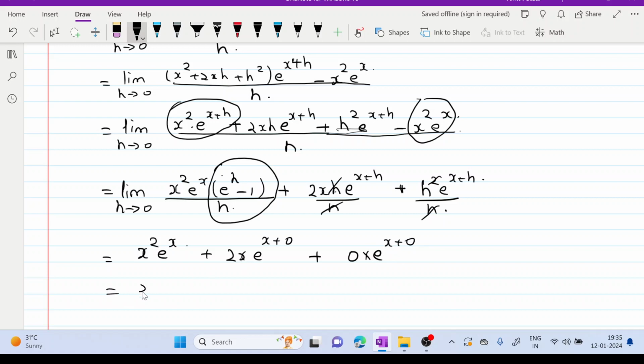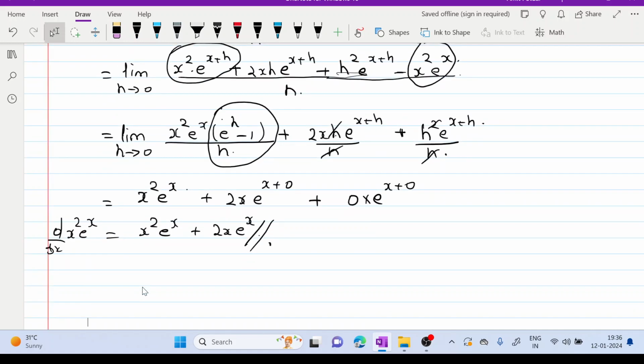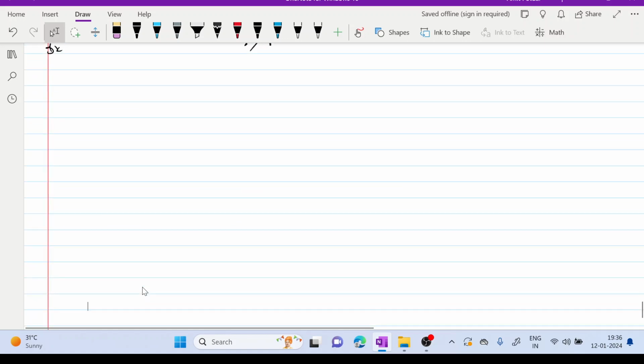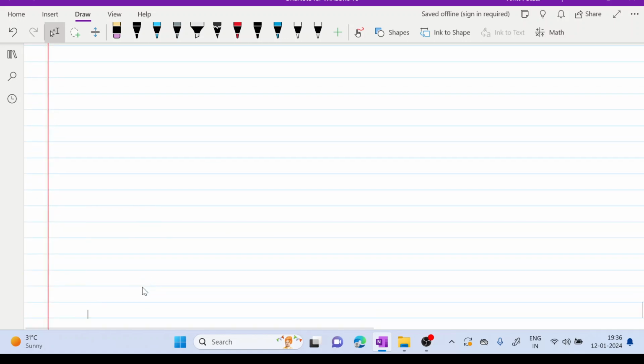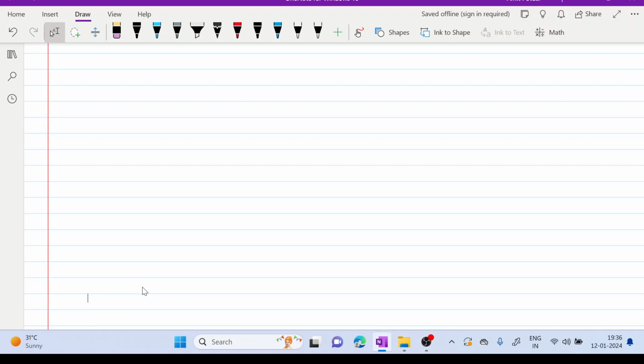And so the answer is x square e^x plus 2x e^x. Okay, so d/dx of x square e^x is this. Right. So for the other problems over there, you will be able to apply the same procedure.